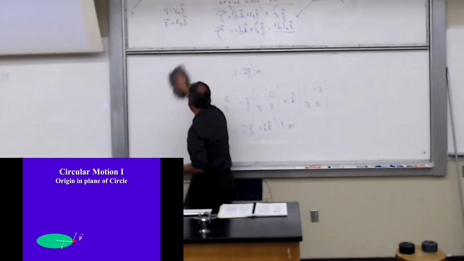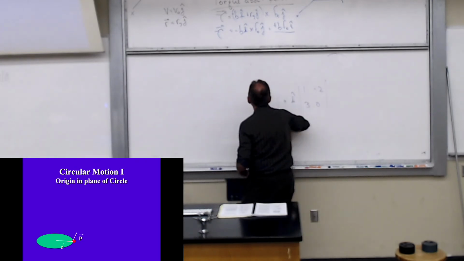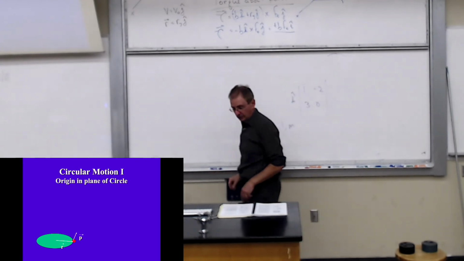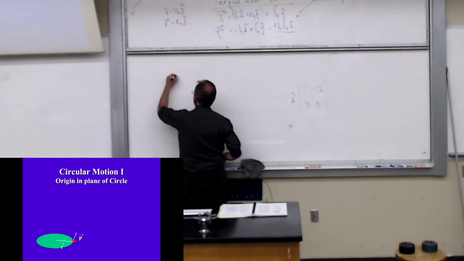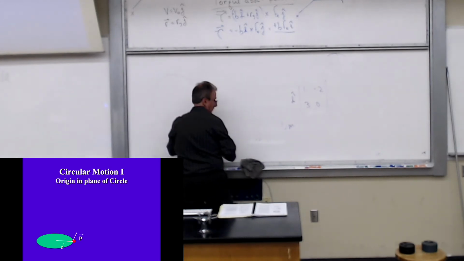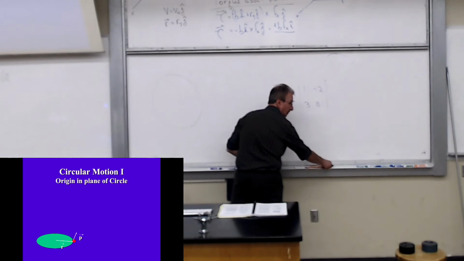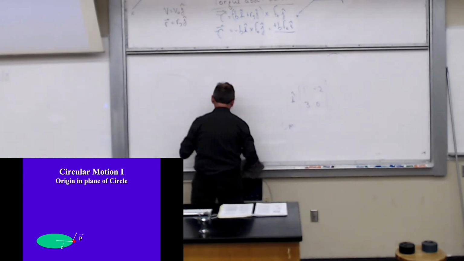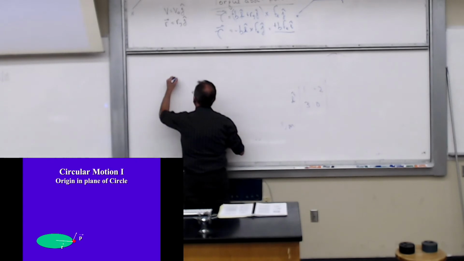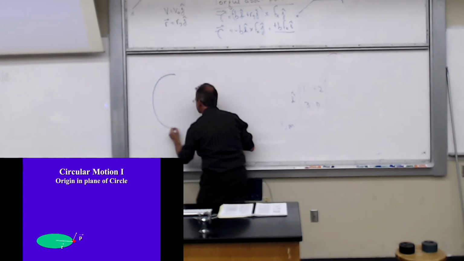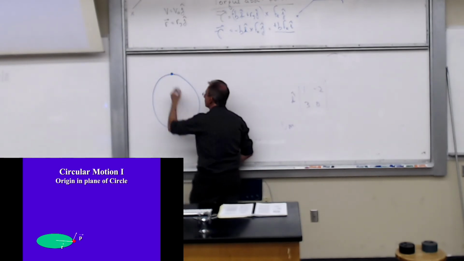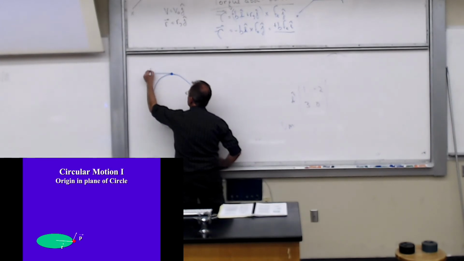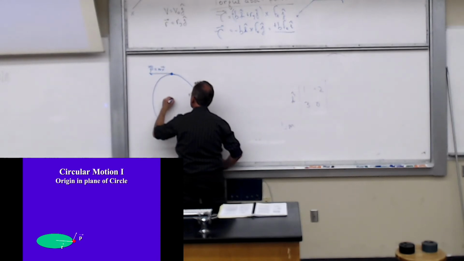I'll draw it from a different point of view, since this will show up better on the video. So let's assume the particle's here, V is this way, and R points this way.